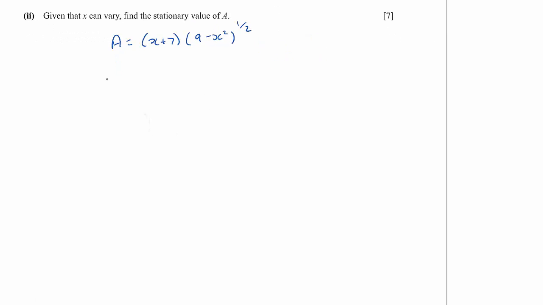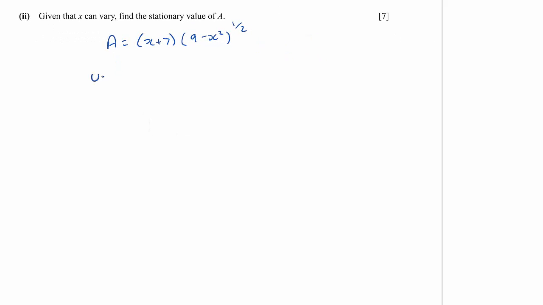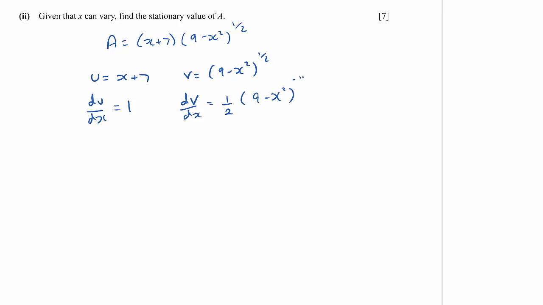So we can say that u is equal to x plus 7 and v is 9 minus x squared to the half. So du dx is equal to 1. And dv dx is going to be a half, 9 minus x squared to the negative a half, multiplied by the differential of the inside, which is negative 2x.